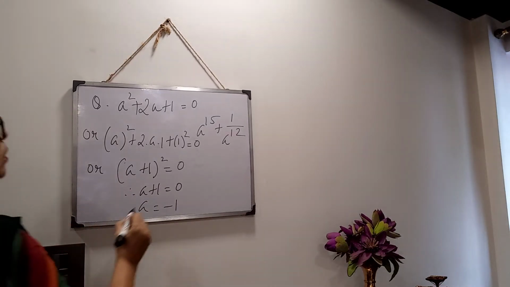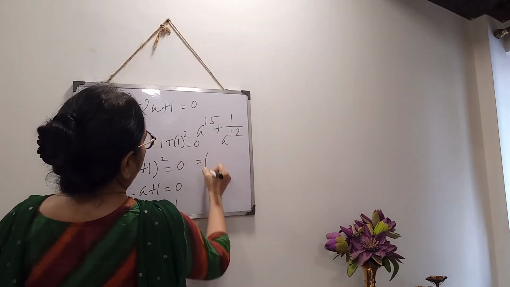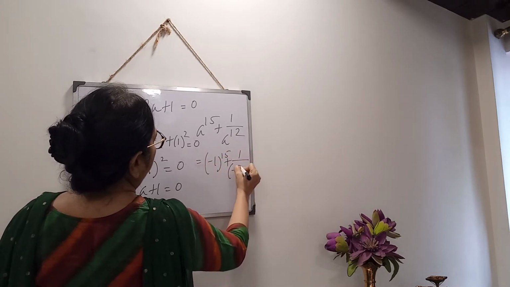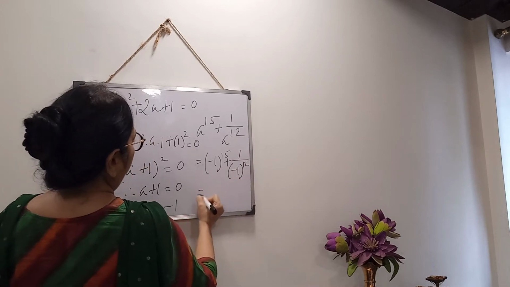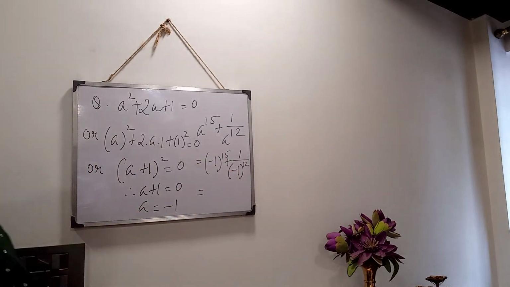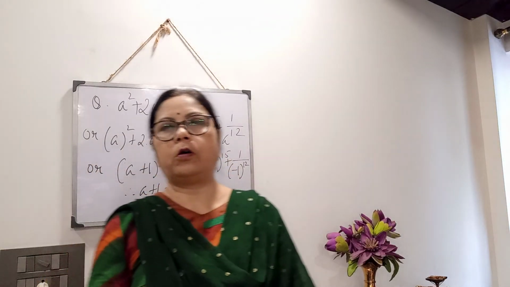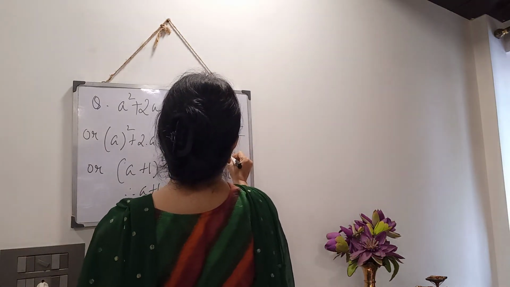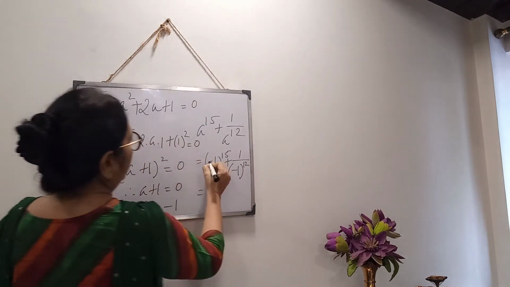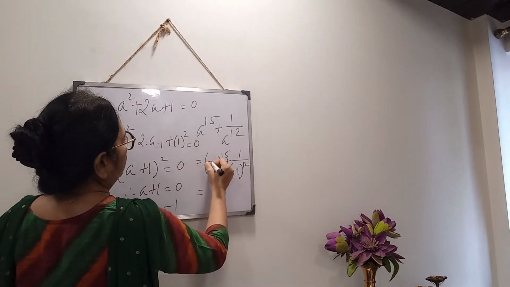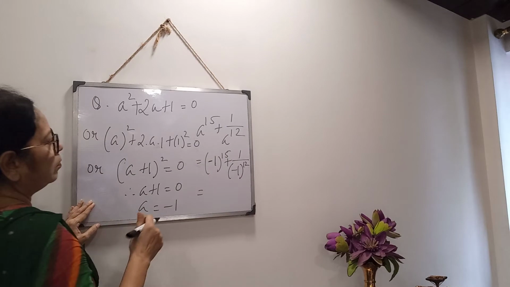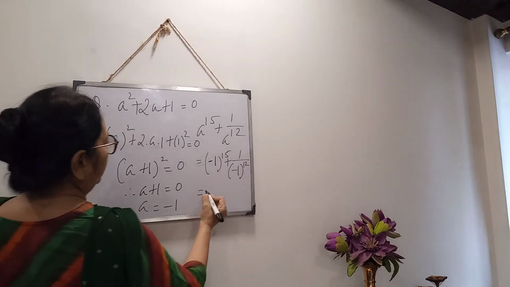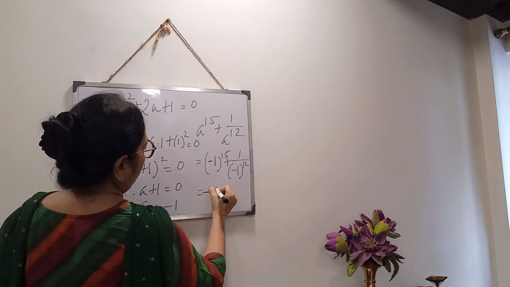Now keep it in mind. I am putting over here minus 1 to the power 15 plus 1 by minus 1 to the power 12. If the value is plus 1, then no problem. Whether power is odd or even, you will have no problem. But here you see, power is odd number. So minus 1, if you multiply odd times, suppose 3 times or 7 times or 15 times or 9 times, then your sign will become negative.